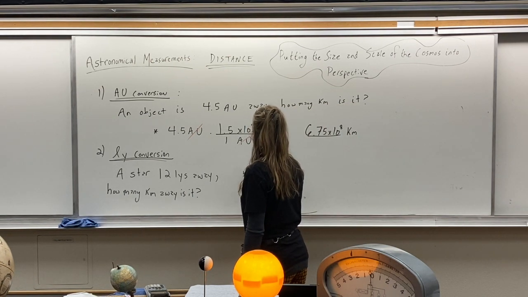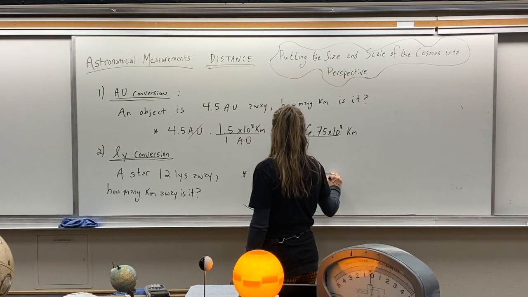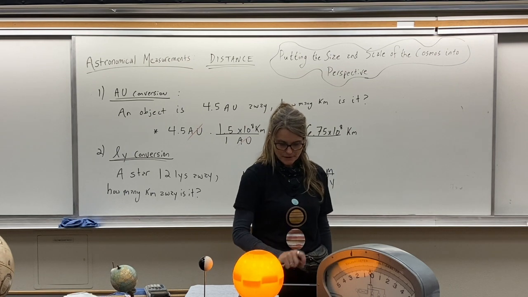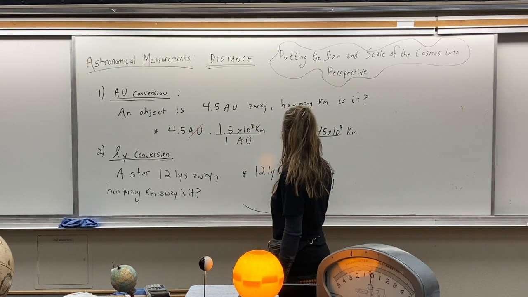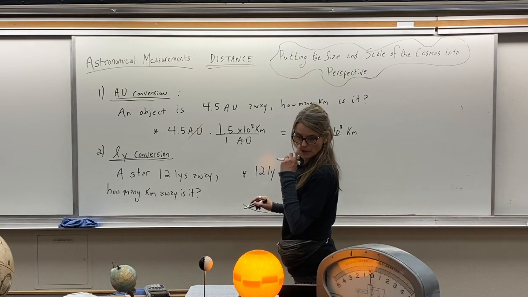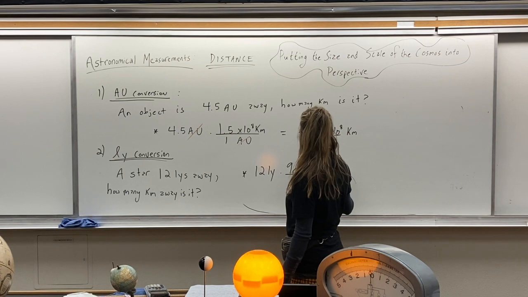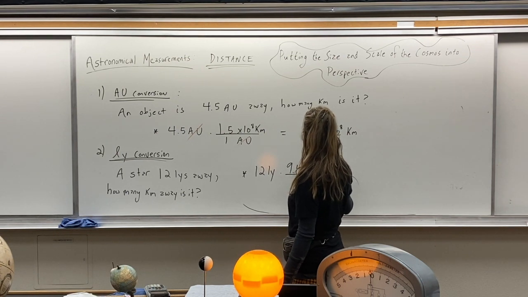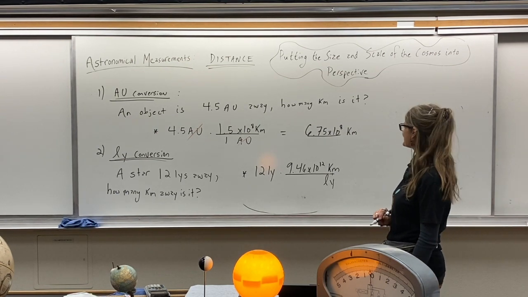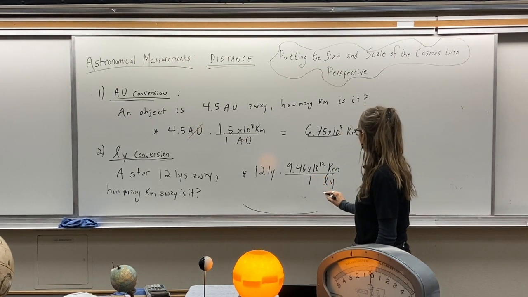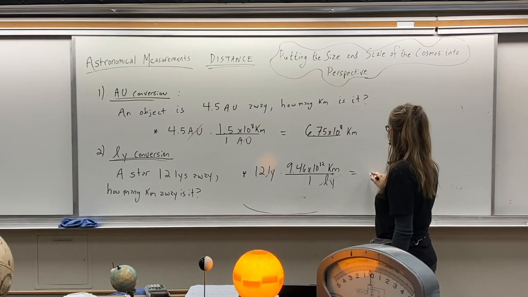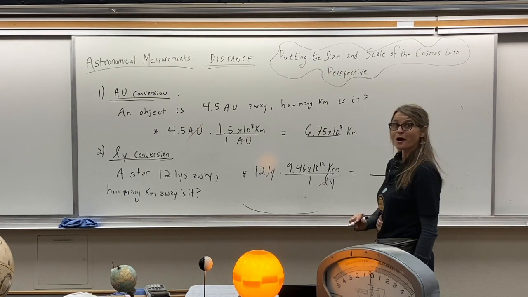We could say 12 light years times my light year to kilometer conversion, and that's 9.46 times 10 to the 12 kilometers for every light year. That gets rid of the light years and gives me a value in kilometers.